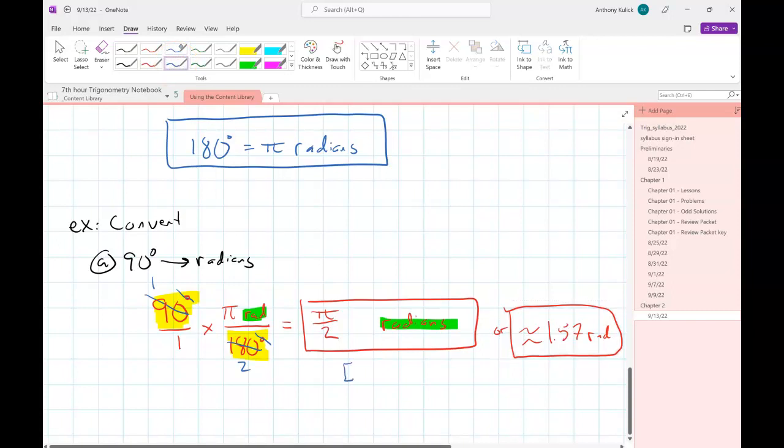The pi over 2, we would call that an exact answer because there was no rounding involved. We wrote it in terms of pi. The 1.57 would be the rounded or the approximate answer.